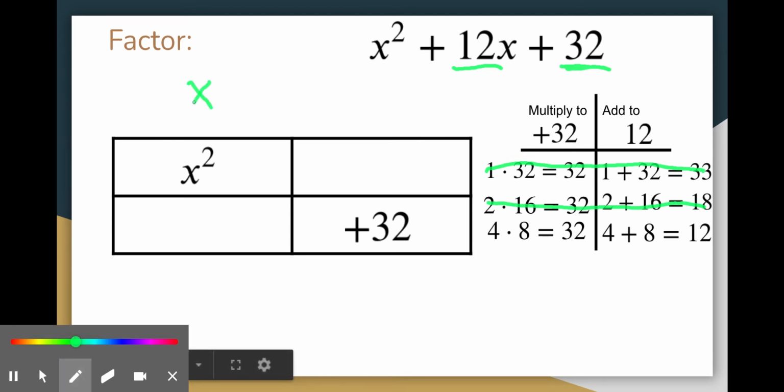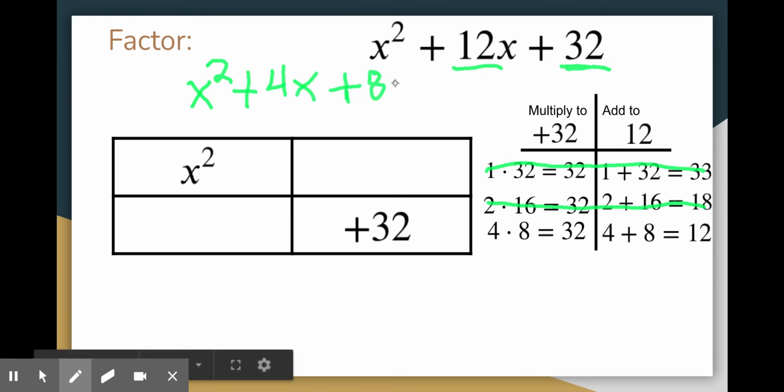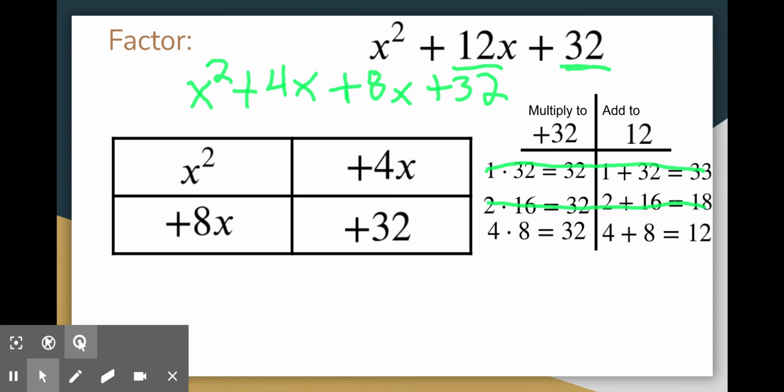It multiplies to 32 and adds to 12. So I can rewrite this as x squared plus 4x plus 8x plus 32. Now I have my 4 terms, so I can use the box. Okay, and so we're just going to do it like before.